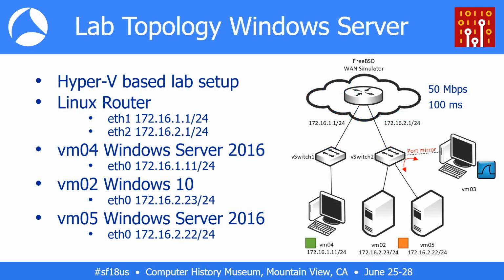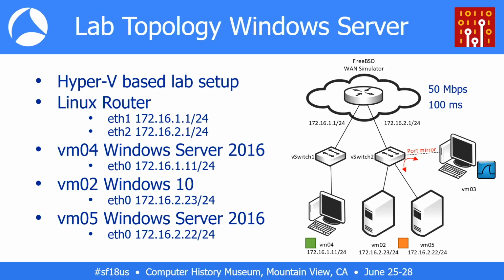So I'm going to show you this in one of the traces. But for that, just take a look at this topology real quick. This is the lab setup that I was using for taking all the traces that you might have downloaded already, or the traces that you could download afterwards. I built up a little Hyper-V-based machine, and I installed in total 4 virtual machines.